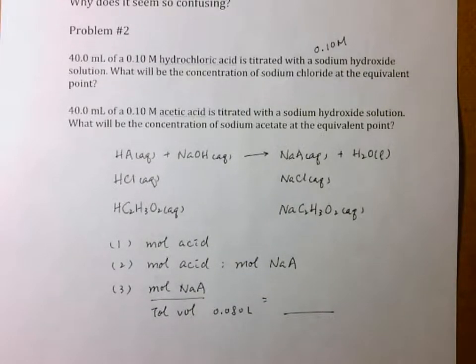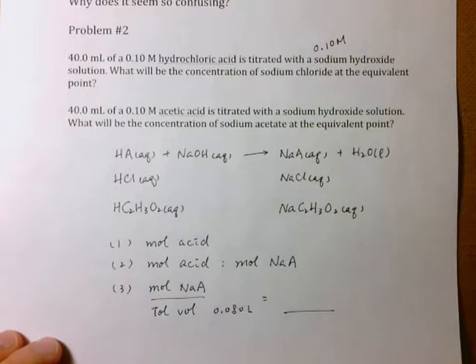So this is the problem you tend to see a lot in Chem 1. And because those questions are just so similar regardless it's strong acid or weak acid, you don't see the difference. So what's the problem?